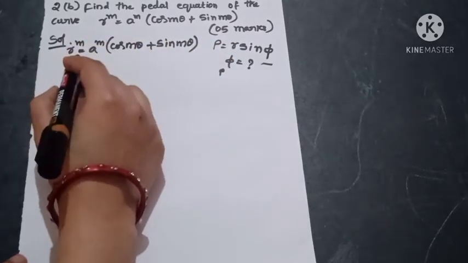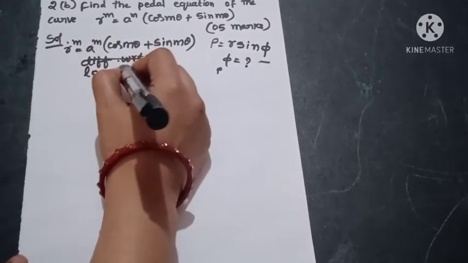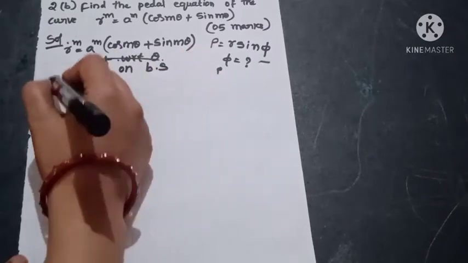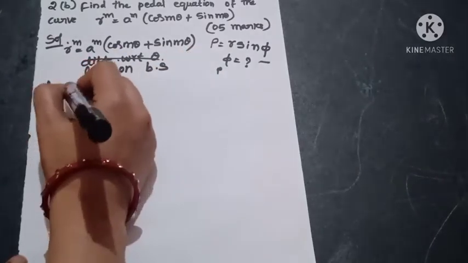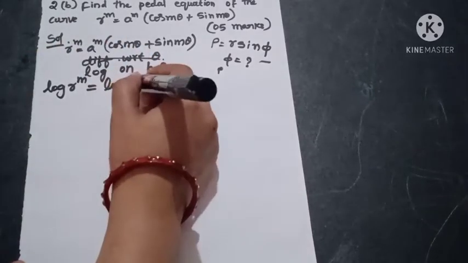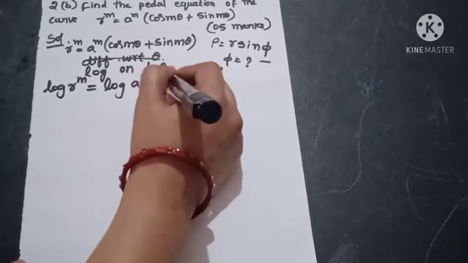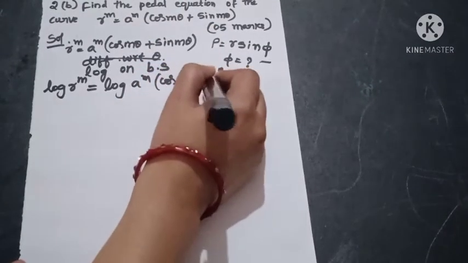This is in polar form, which involves r and theta. Take log on both sides. So that is log r to the power of m is equal to log of a to the power of m times this entire thing, cos m theta plus sin m theta.